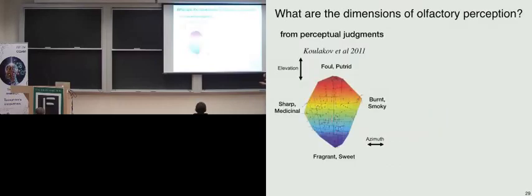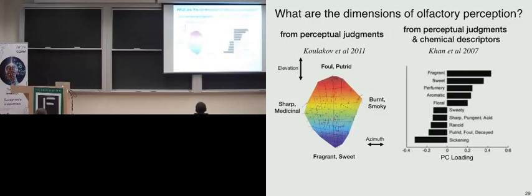Okay, so the high-level problem we try to ask is, what are the dimensions of olfactory perception? From the perceptual judgment literature, as well as perceptual judgment plus chemical descriptors of odorants, people know that there exists some low-dimensional olfactory perceptual space.